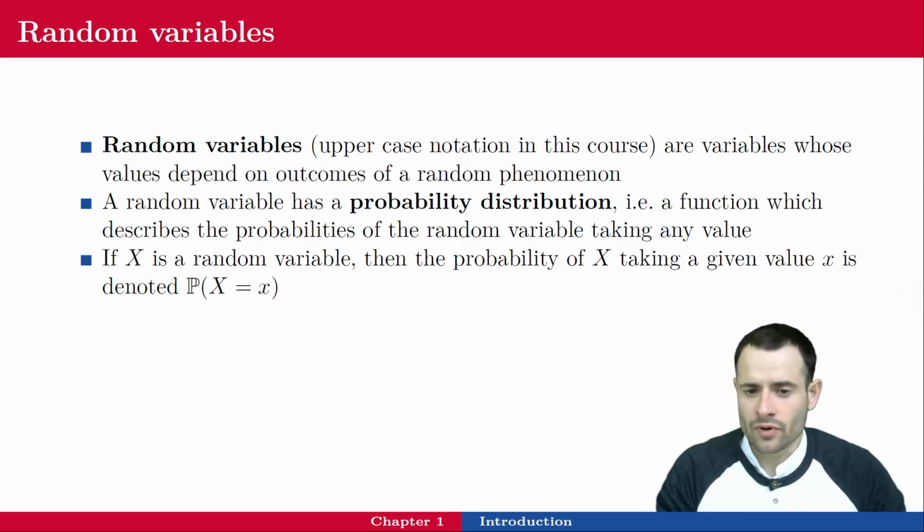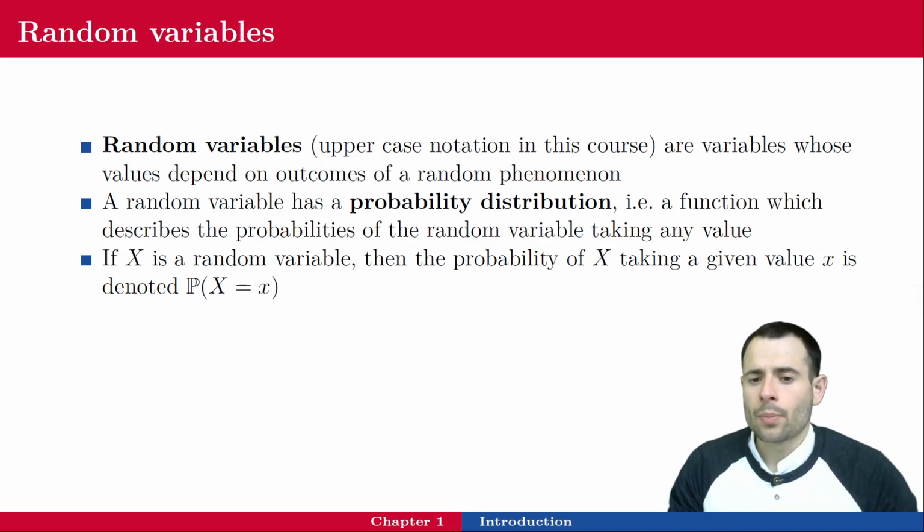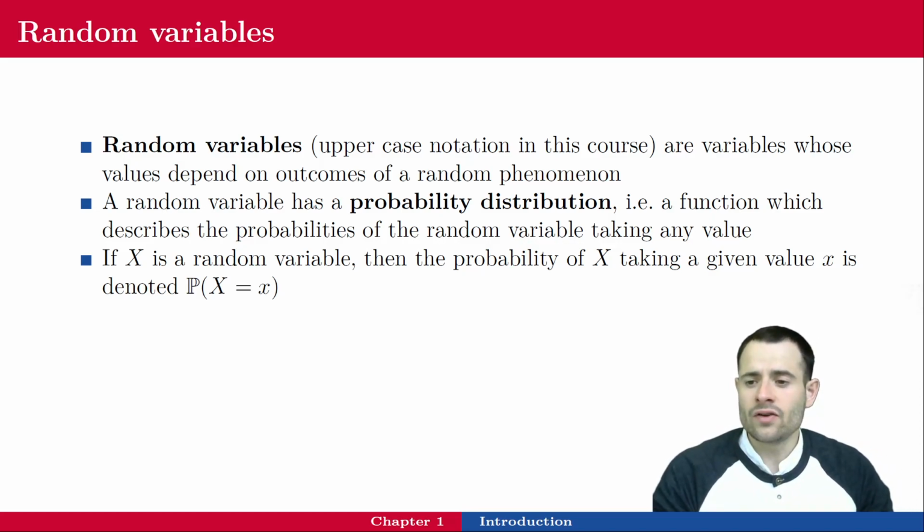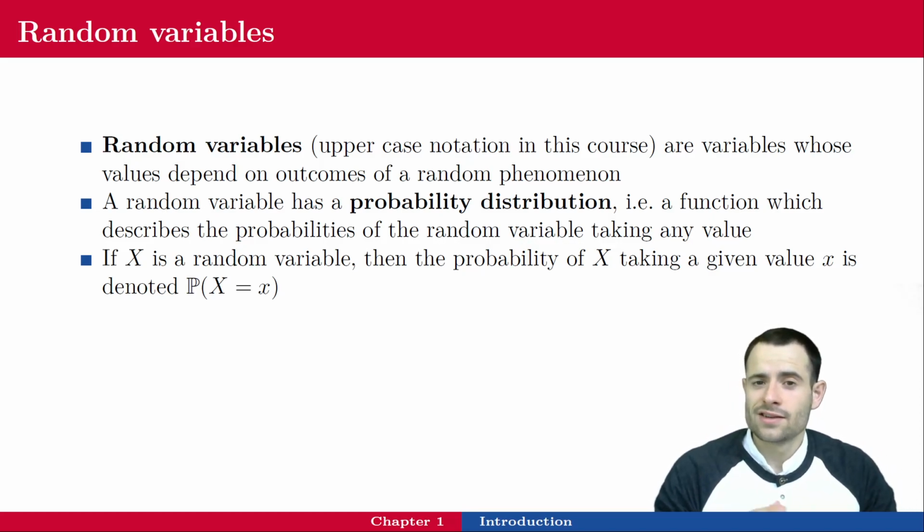If X is a random variable, then the probability of X taking a given value small x, where small x is a realization and big X is the random variable in general, we denote it P of X equals small x. P here has a double bar at the front.